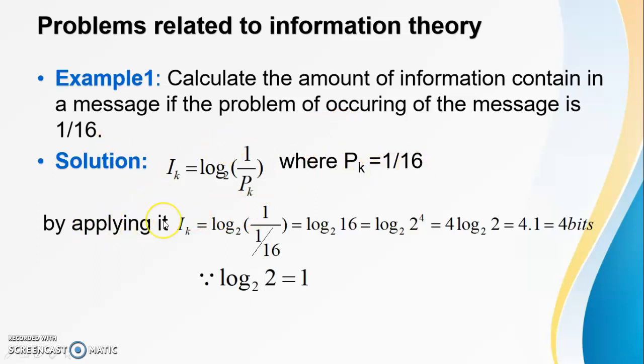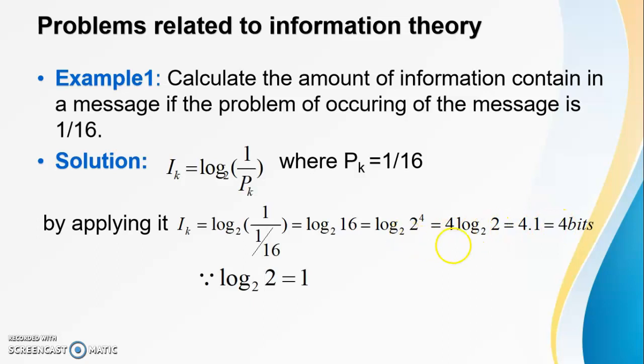By applying this formula, Ik equals log 2 1 by 16, because Pk equals 1 by 16. Or it is log 2 16. We can write 16 as 2 to the power 4, and we know that in logarithms, the power can be brought in front of the log.